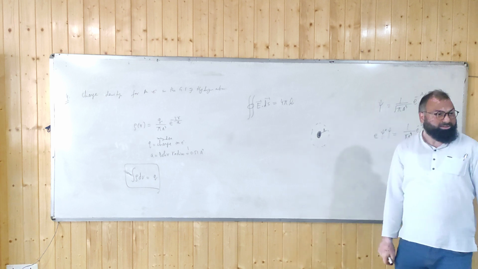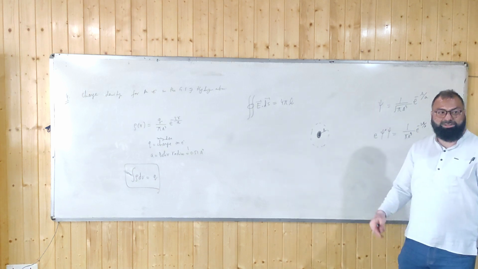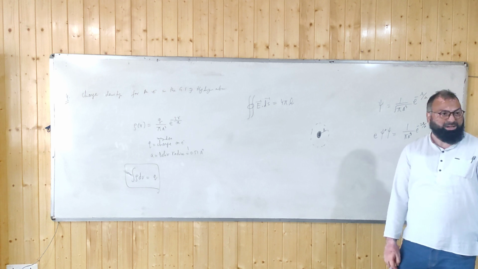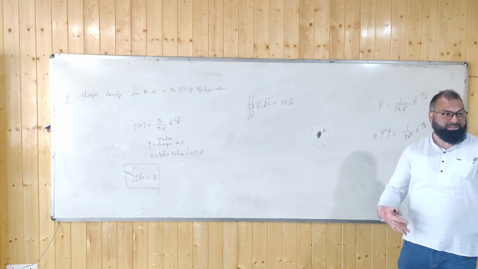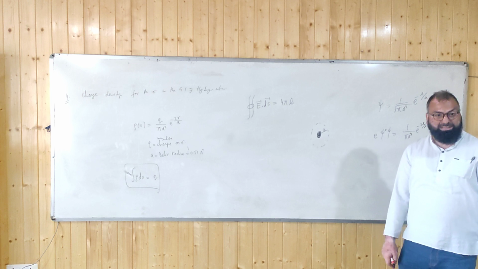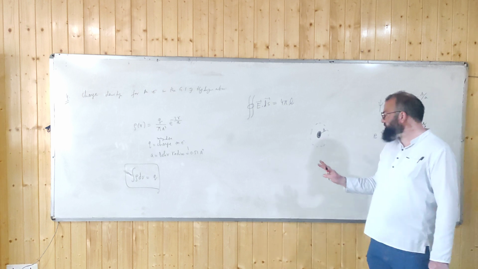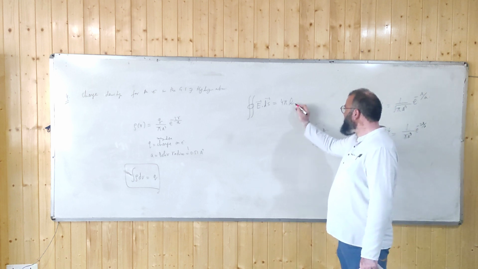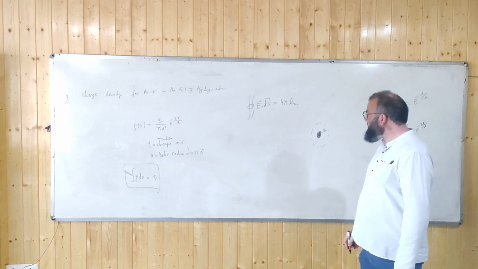If you have any charge distribution, you always choose a Gaussian surface to evaluate the electric fields. You cannot do it without choosing a surface. And the Gaussian surface should enclose the charge. So I am taking this Q as the enclosed charge.